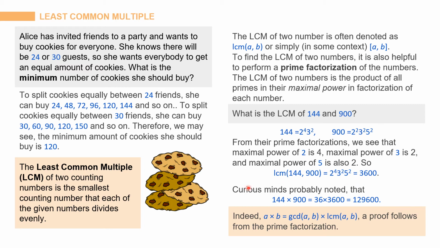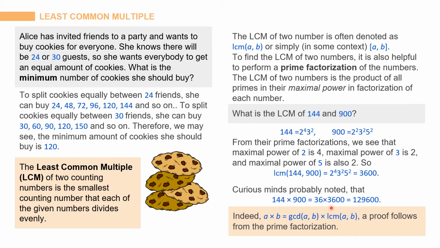Curious minds probably noted that 144 times 900 equals 36 times 3,600, which equals 129,600. Indeed, if I multiply A times B, that's what I did, 144 and 900, it's equal to the GCD, 36, times the LCM, 3,600.